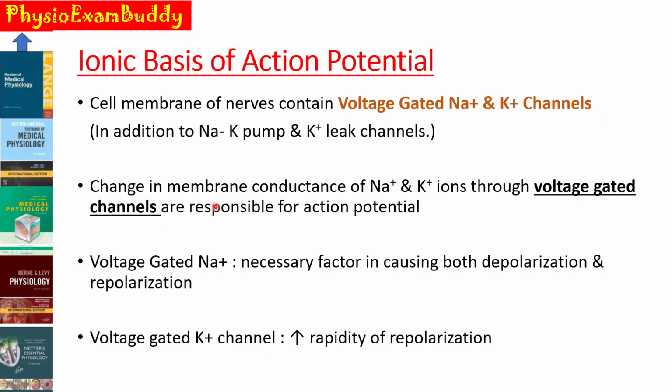The changes in the membrane conductance of sodium and potassium through these voltage gated channels are responsible for the generation of this nerve action potential. The voltage gated sodium channel is necessary for causing both the depolarization as well as the repolarization phase, whereas the voltage gated potassium channel basically increases the rapidity of the repolarization.